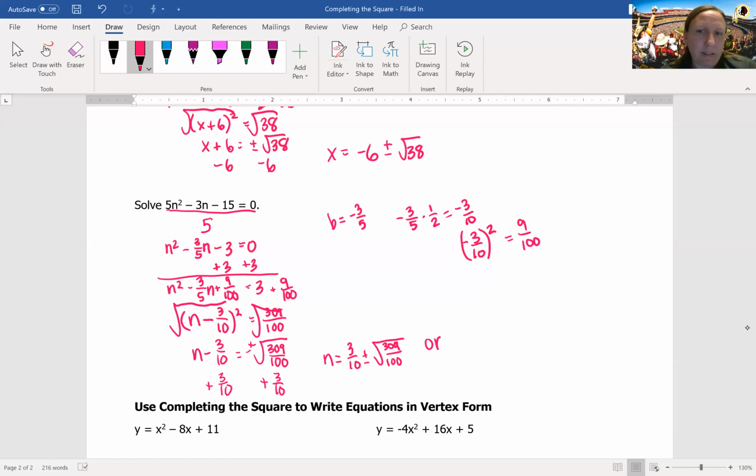So a slightly better way would be n equals 3/10 plus or minus root 309 over 10. And an even better way is because they both have a 10 as a denominator, n equals 3 plus or minus root 309 over 10. And that's the best way.